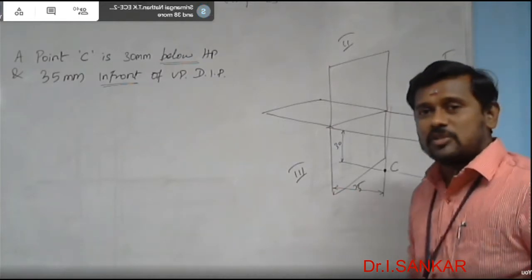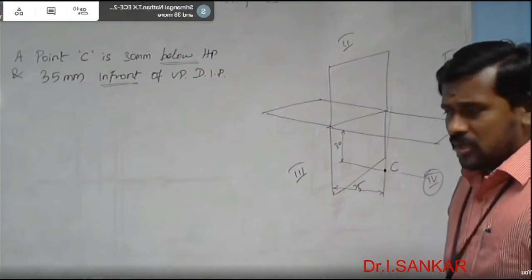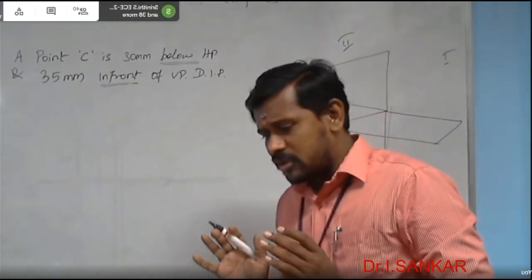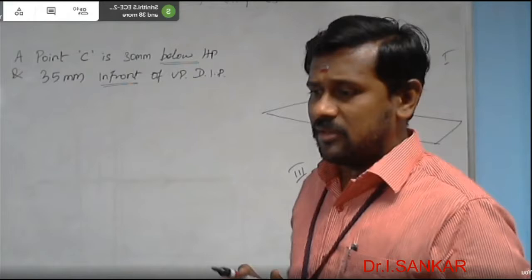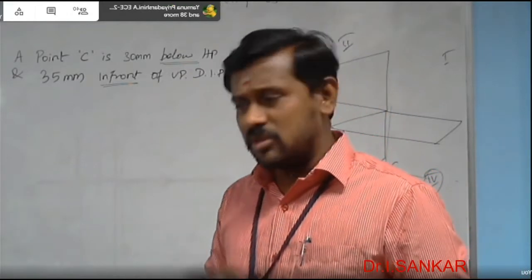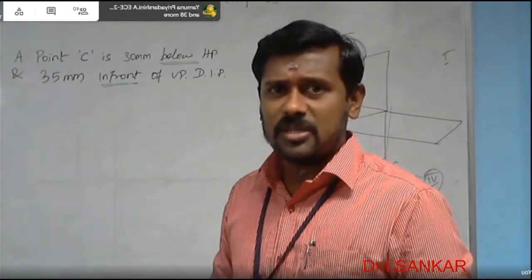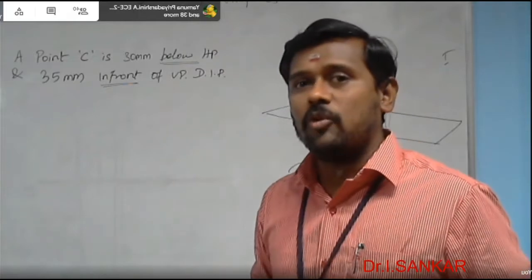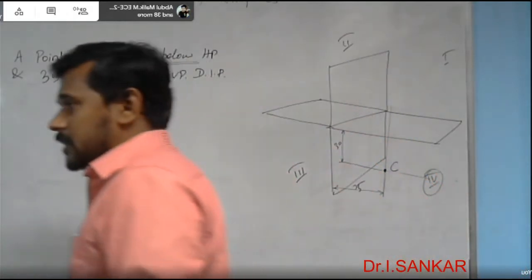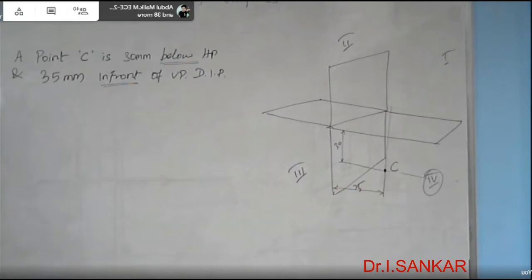Now our duty is to draw the front and top views. Already we discussed a lot about how the front and top views of the point are developed when you project it by means of the horizontal plane and vertical plane concept. So without wasting time, let me go to the environment in the paper. First you need to draw the XY line.